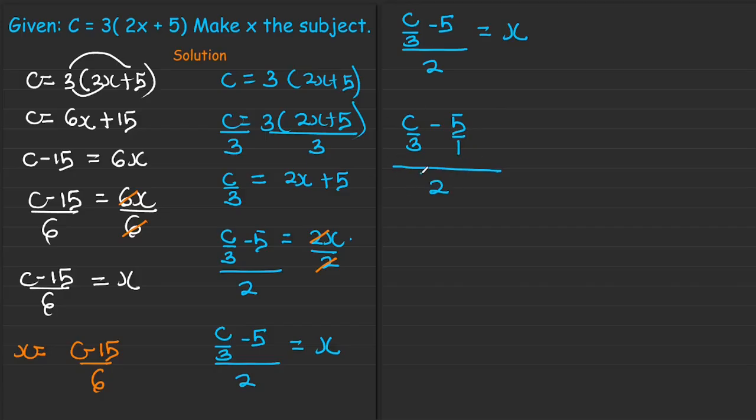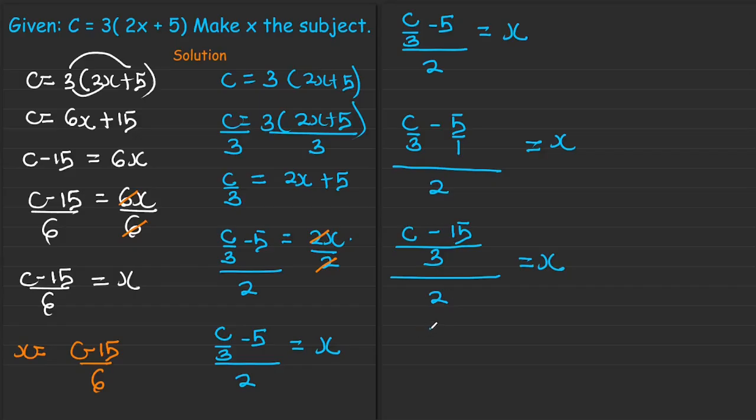So for the numerator, using our knowledge of fractions, we know the LCM of 3 and 1 is 3. So we have 3, and 3 divides 3 once. 1 times c gives us a c. 3 divides 3 once, and 3 times 5 gives us a 15. We have c minus 15 over 3 all over 2, which is equal to x.